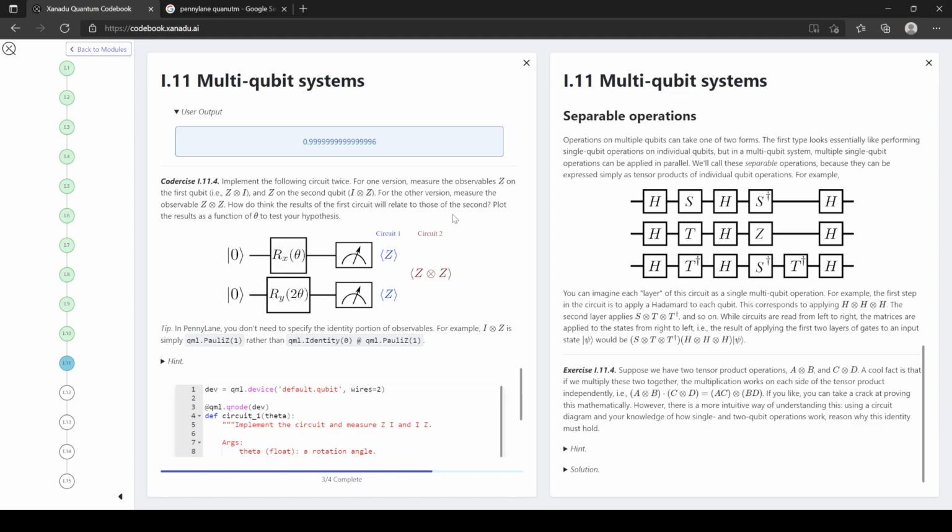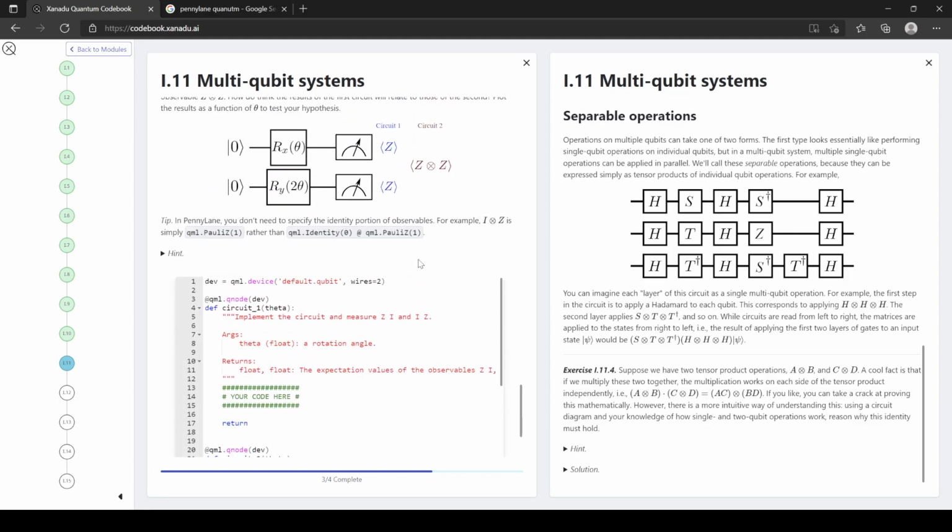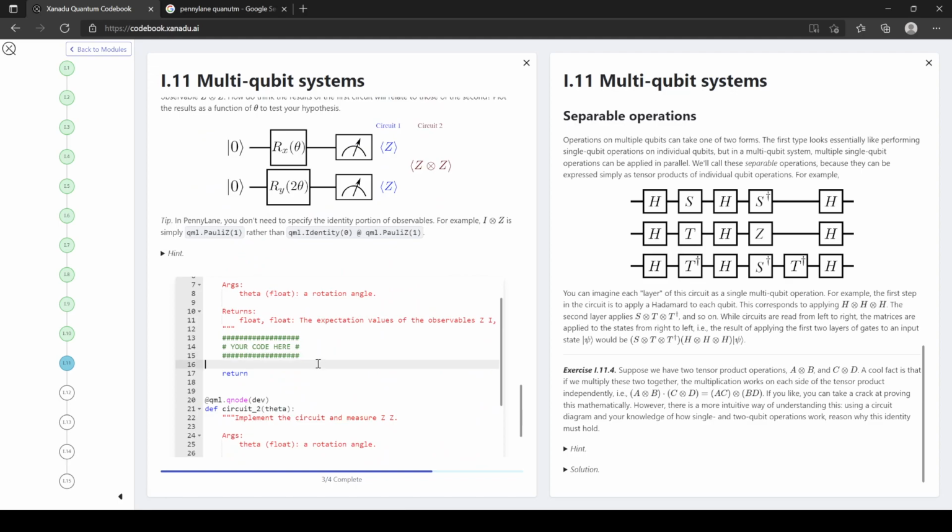Okay, now we want to do this circuit where we do 2 observables and then the tensor product of them. So first we have qml.RX theta, wires equals 0. Then we have qml.RY of 2 times theta, wires equals 1.